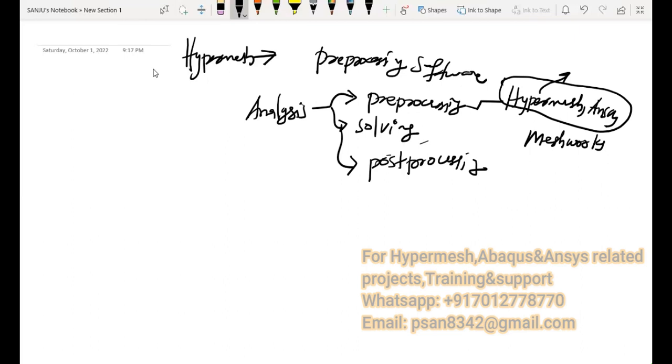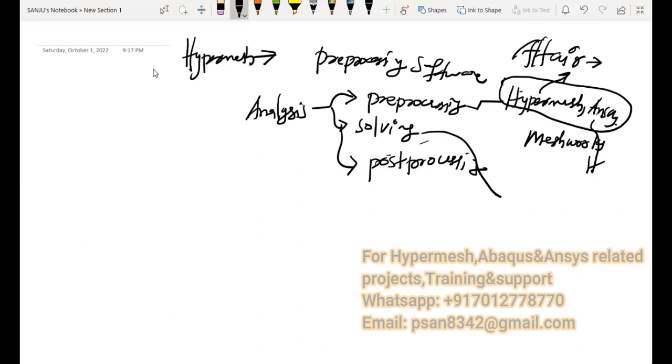Hypermesh is developed by Altair, a software company. ANSA is mainly used by European industries. In these training sessions, we will focus on the Hypermesh software for the pre-processing stage.